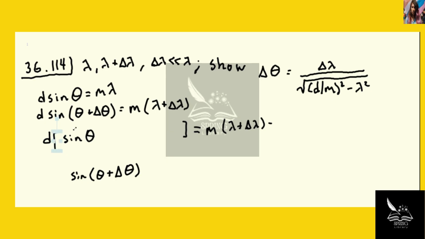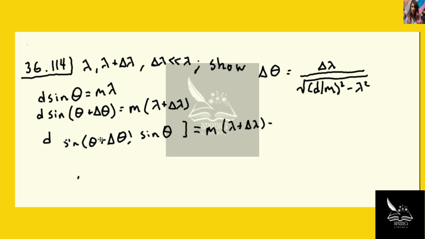Oops. All right, sorry about that. Minus m lambda, and so this is just m delta lambda.